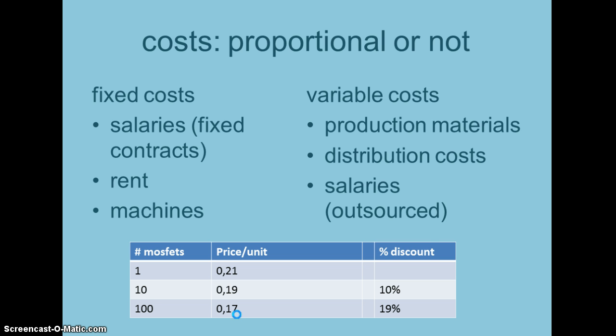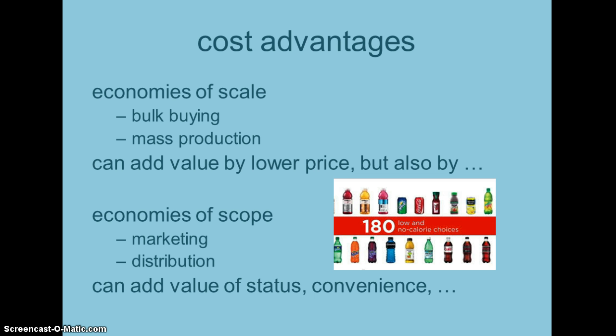So typically these are variable costs, and the total costs depends on how many you buy. And in this example you can also see that there's a price difference depending on the amount you buy, and that brings you to a cost advantage, such as economy of scale.